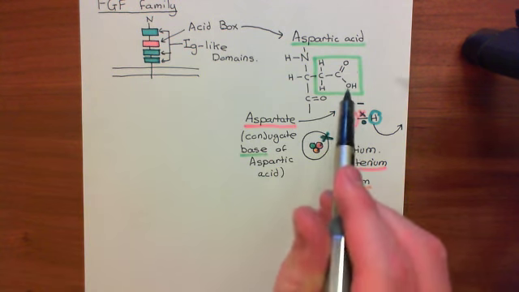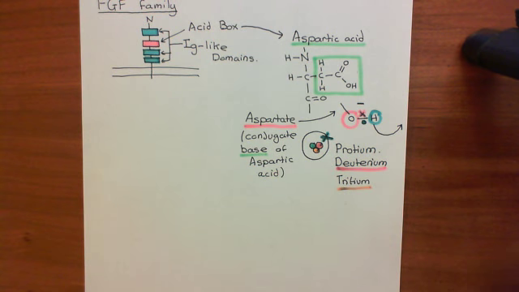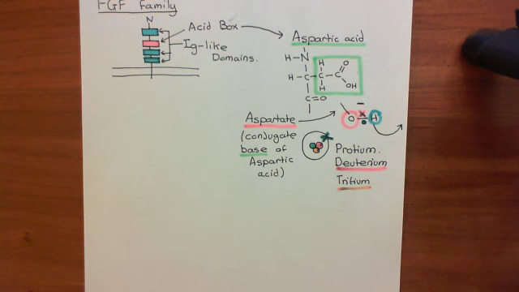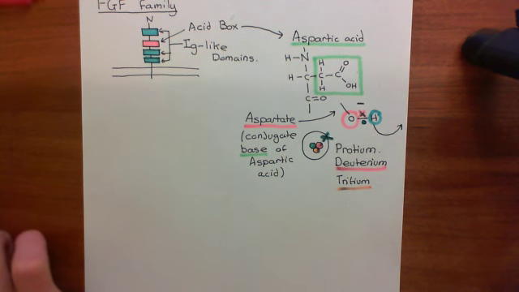Those that have donated their protons will have a negative charge on them, because they exist in the conjugate base form, whereas the ones in the original acid form will just be neutral. So regions of polypeptides where you have a high proportion of acidic residues tend to also carry a negative charge. Okay, so that's that acid box then.